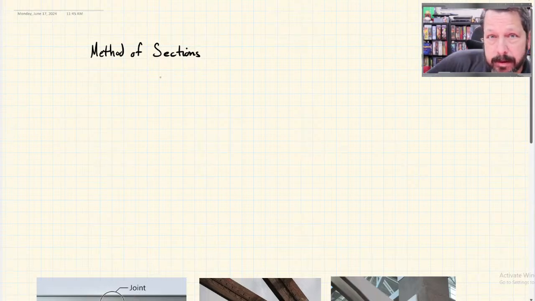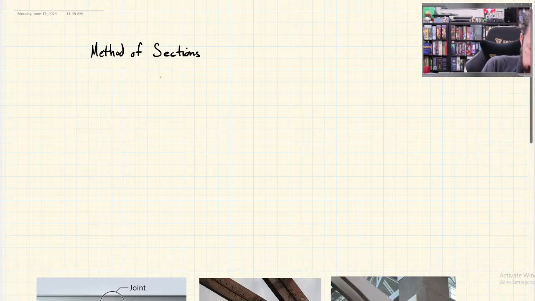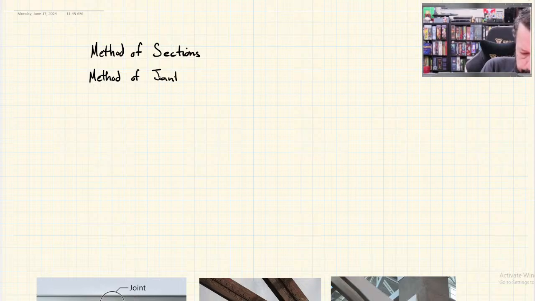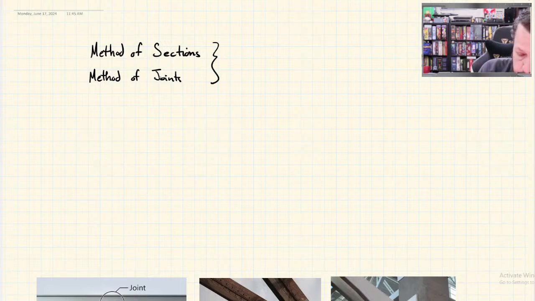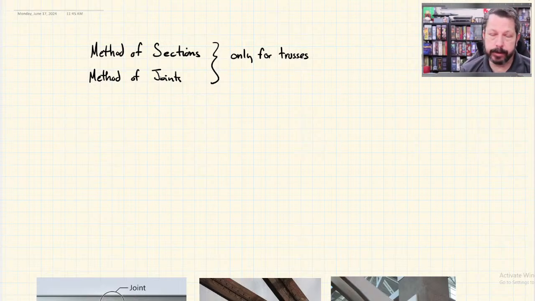Last time, we talked about the method of joints. Both of these are only used for trusses. So the structures that we deal with in these two methods have to follow all those assumptions from last time. And we're only going to use them on planar trusses, although you could use non-planar trusses too.